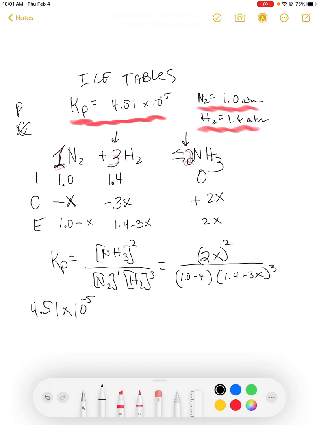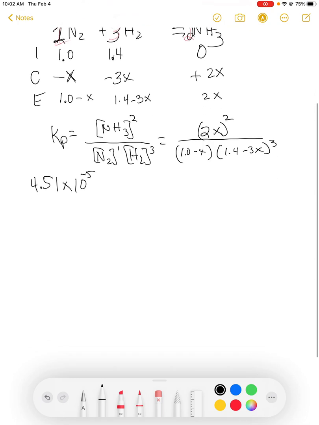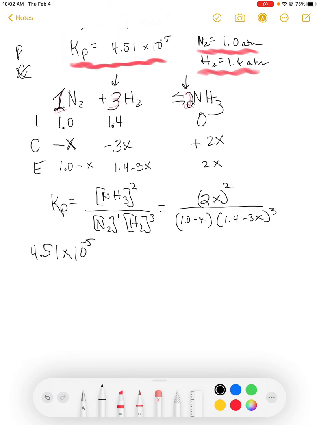Okay, so let's talk about some of these things. Here is our Kp. That's going to tell us a lot about the extent of the completion of this reaction.